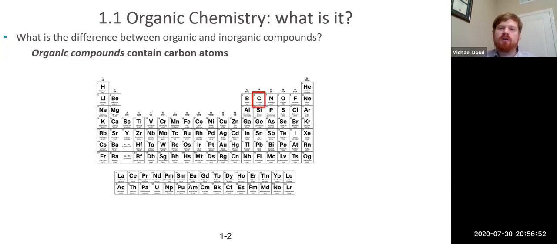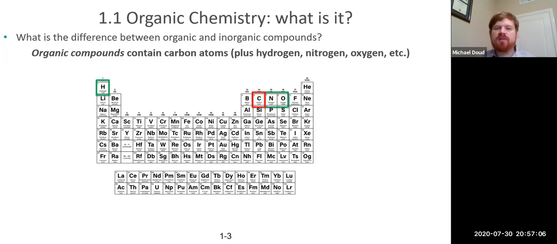So we've got carbon here, one of the 118 known elements. The carbon is often bonded to hydrogen, especially, and also nitrogen and oxygen. We're going to see a lot of those elements this semester, but carbon is the most important element if you had to pick one out of all of that.